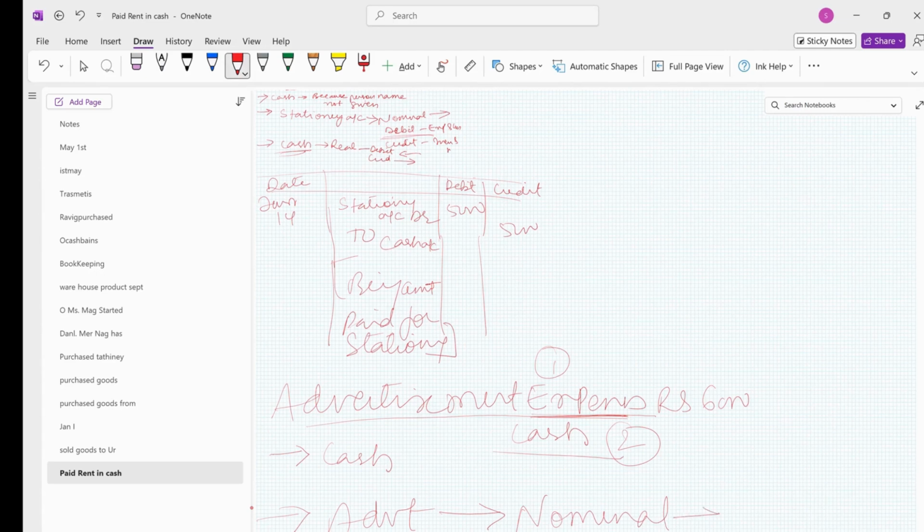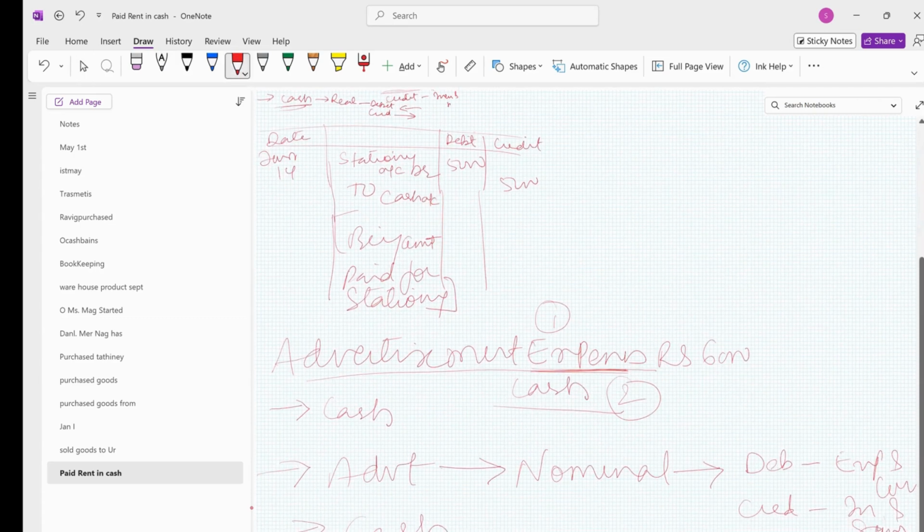Nominal account rule is debit all expenses and losses, credit all incomes and gains. Now the second one is cash. Cash account belongs to real account. Real account rule is debit what comes in, credit what goes out.